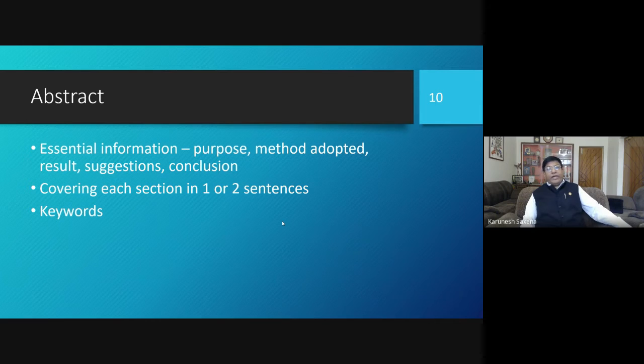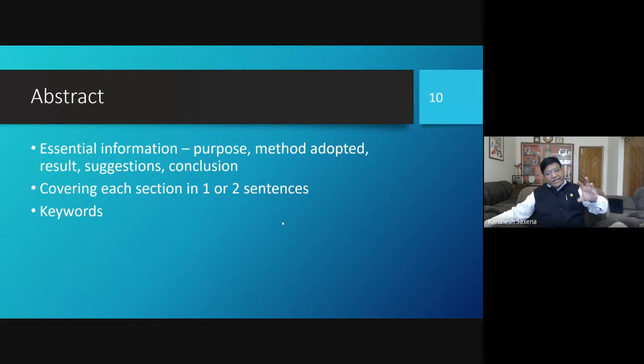As I told you, the abstract comes at the beginning but is written after the paper is completed. So once I have completed the paper, then I can write the abstract. Here we have to put the essential information in the abstract: what the major objectives are, what methods are adopted, what major results, suggestions and conclusions there are.